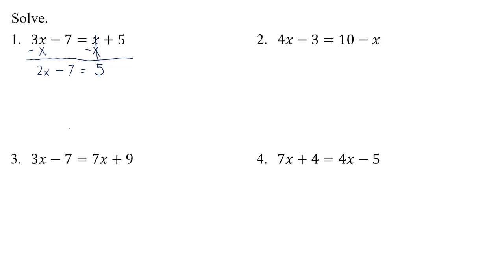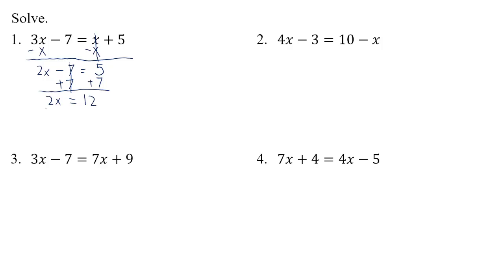We see subtraction, so we're going to do the opposite operation, which is addition. We add 7 to this side, therefore we add 7 to the other side. We bring down the 2x. 5 plus 7 is 12. We have multiplication.